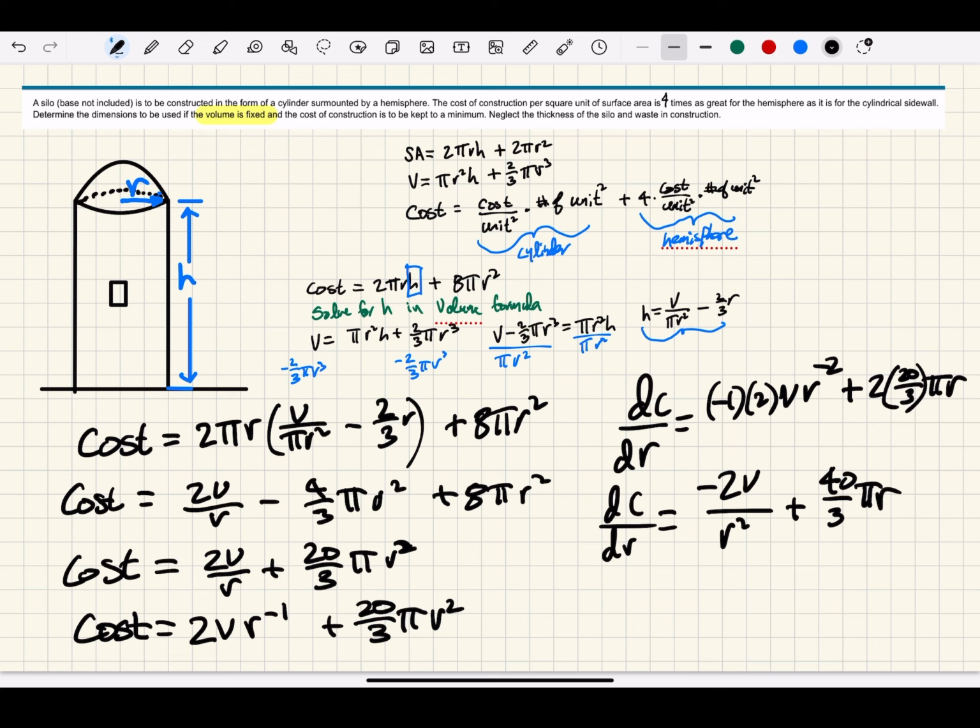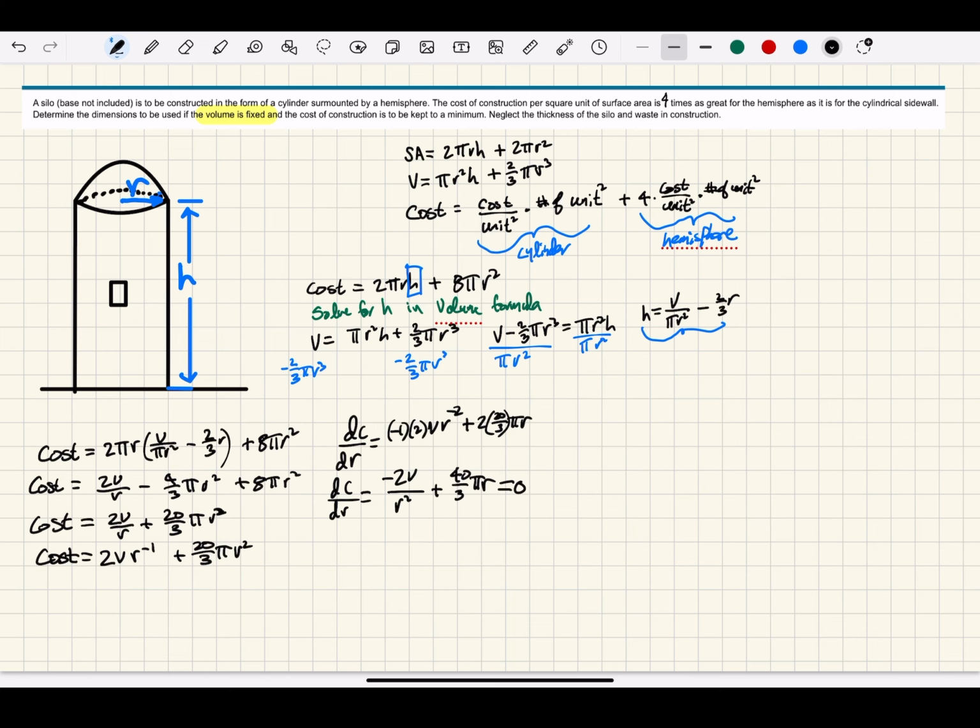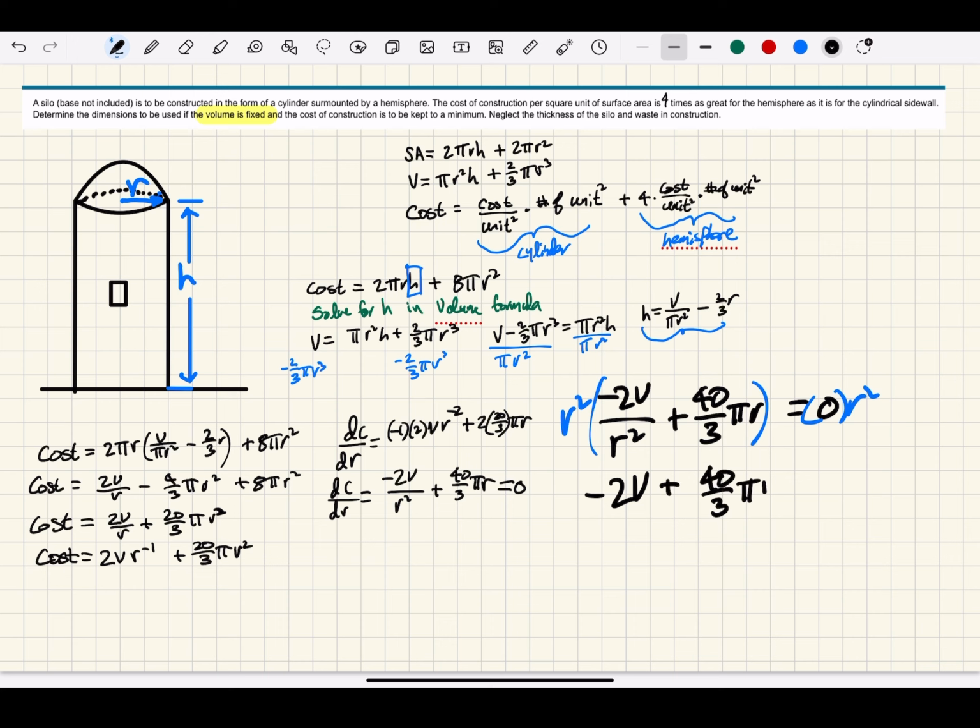Now we should set this equal to 0 and solve for r. So we have minus 2V over r squared plus 40 thirds pi r equal to 0. We could multiply both sides by r squared in order to remove r squared from the denominator, and we will have minus 2V plus 40 thirds pi r cubed equal to 0.